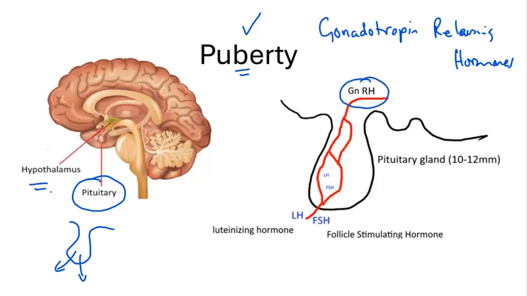This is produced in the hypothalamus and travels through the bloodstream to the anterior pituitary, where, in both biological sexes, male and female, it will result in the production of luteinizing hormone and follicle stimulating hormone. So this is common in both sexes. It's the same secretions from the anterior pituitary. Of course, the target of these is different. The target in males is the testes, and the target in females is the ovary.